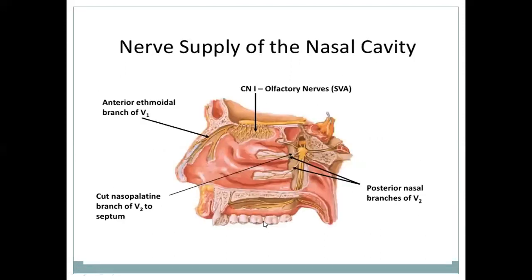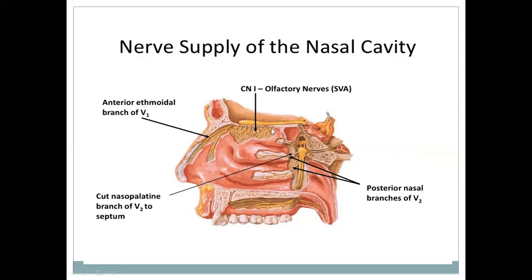So this is the superior concha. The area above the superior concha has an olfactory mucous membrane. This olfactory mucous membrane receives the olfactory sensation, or the sensation of smell. This is for the reception of smell. So this olfactory mucous membrane is formed for the reception of smell, and this is the cribriform plate.